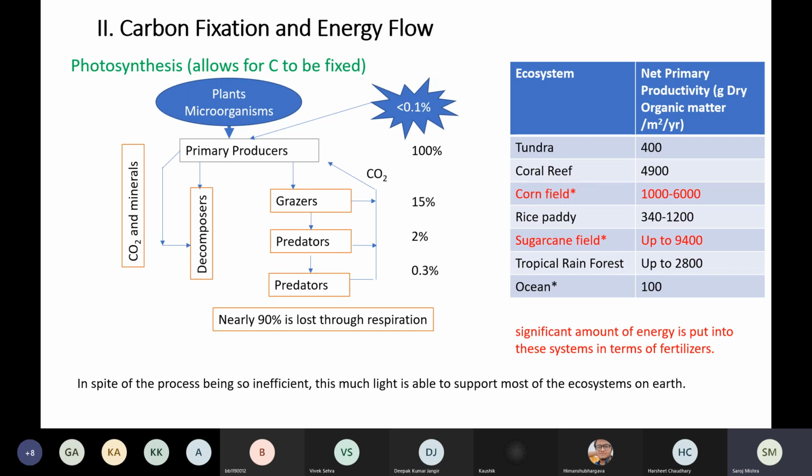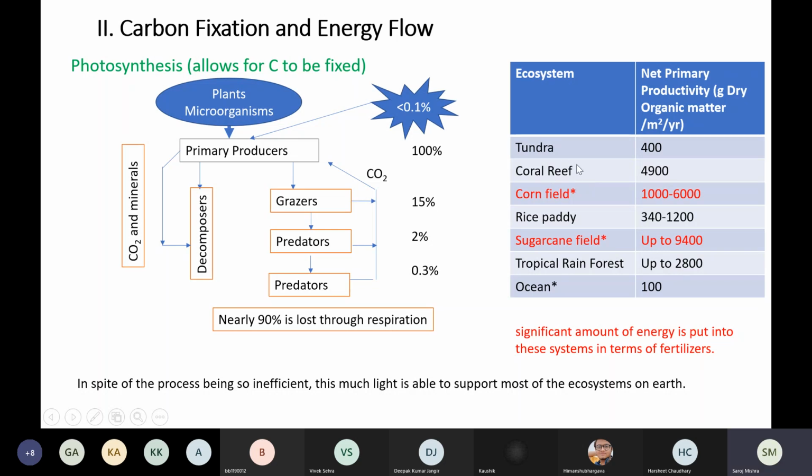Only then does it qualify as an ecosystem. So among the different ecosystems, coral reef, by the way, is one of the most efficient systems. Why? The net primary productivity, which is measured in terms of gram dry organic matter per square meter per year, is largest in the coral reef. And that's why all over the world, people are beginning to understand why coral reefs are so important.